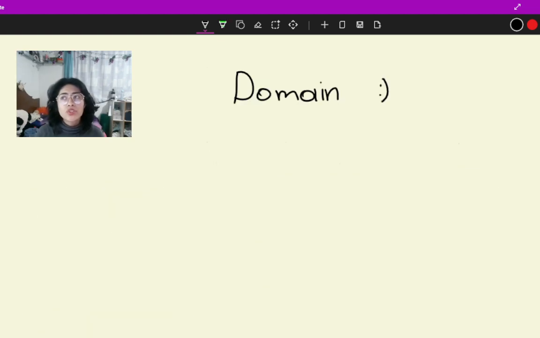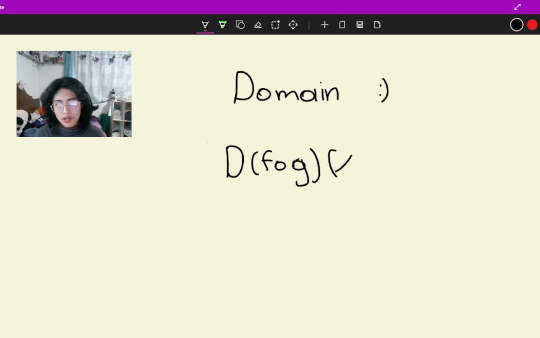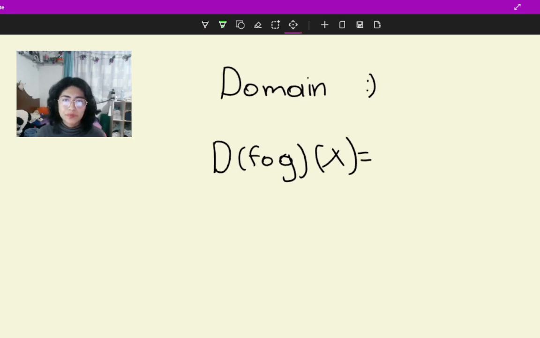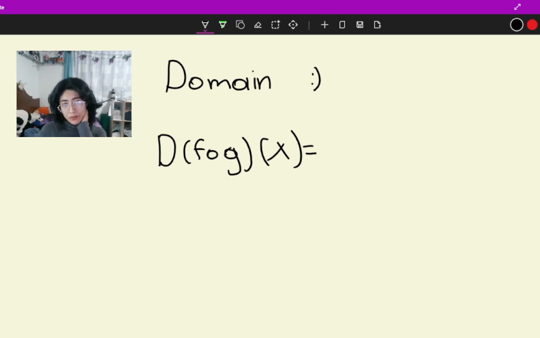Now we discover the domain for f composition g of x. This equals the domain for f of g of x.